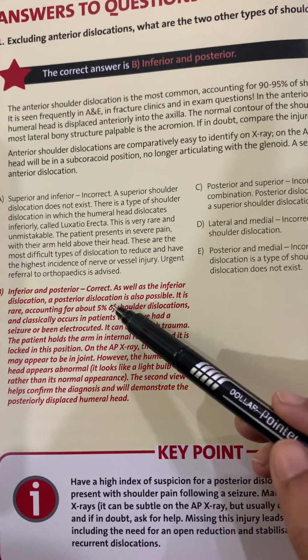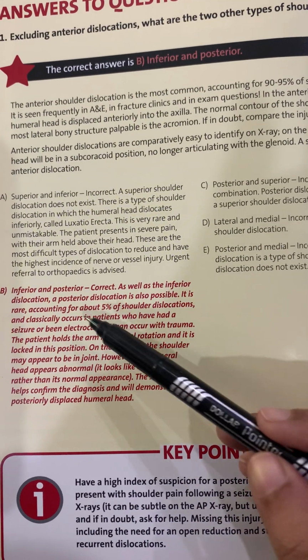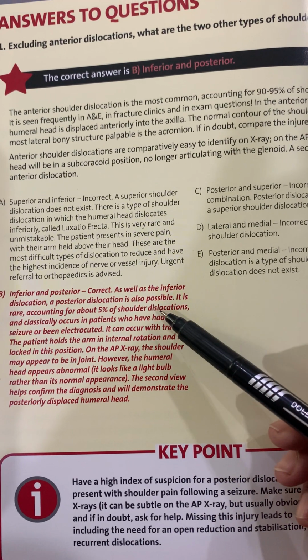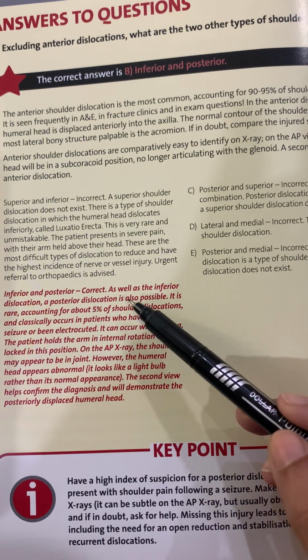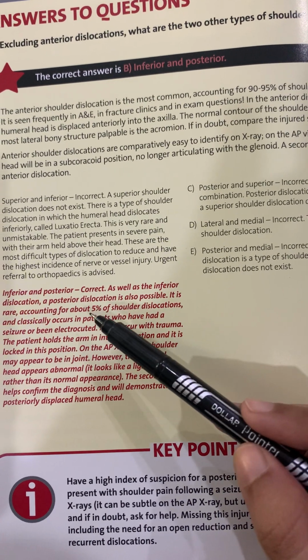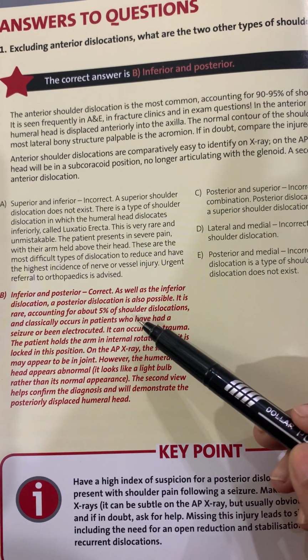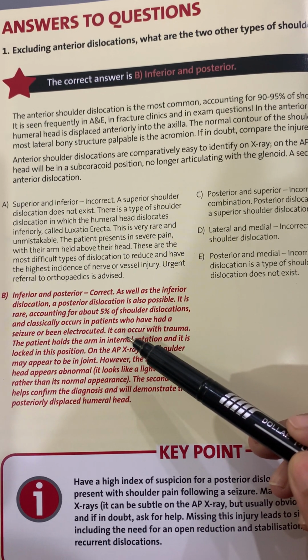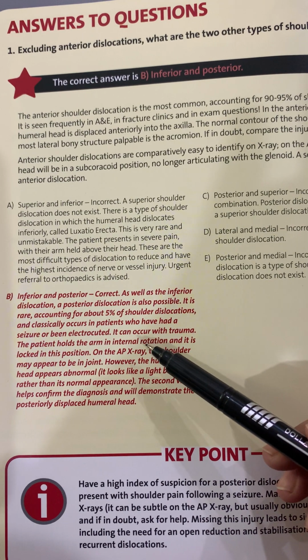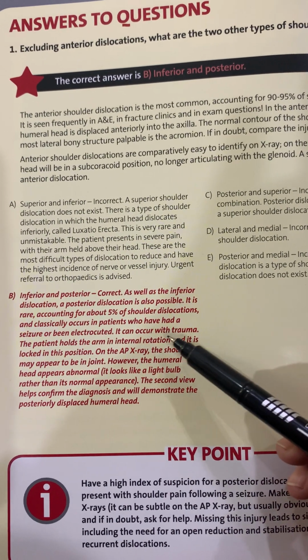And regarding inferior and posterior, the shoulder joint can also have inferior and posterior dislocation. Posterior dislocation is rare, accounting for about 5% of shoulder dislocations, and classically occurs in patients who have had a seizure or been electrocuted. It can occur with trauma.